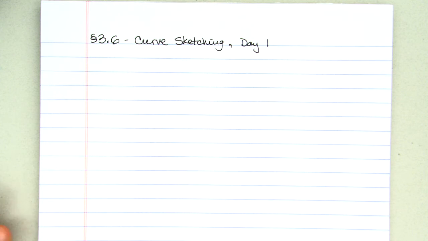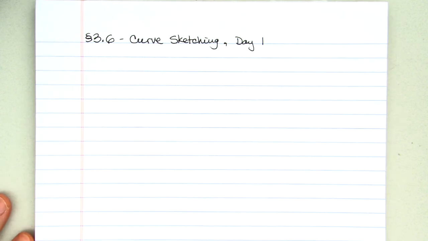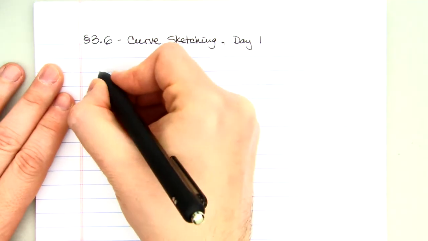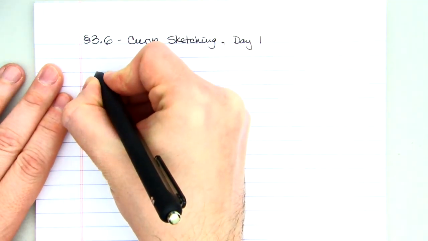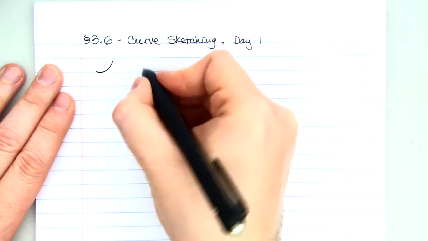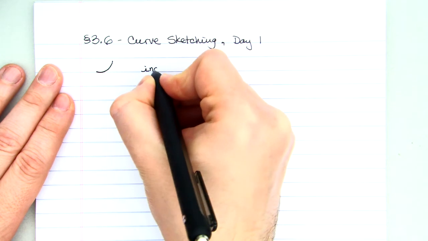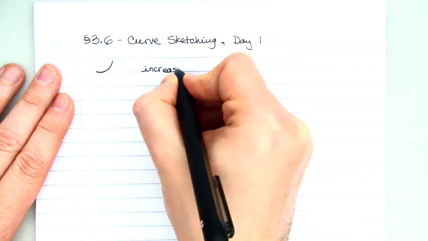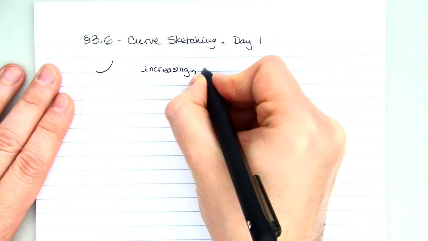To get us started, though, in section 3.6, what we need to realize is every single function is really made up of only 4 different shapes based on increasing, decreasing stuff and concavity stuff. One shape that our function could take on is a shape that is concave up and increasing. That would be actually, why don't I call this increasing and concave up.